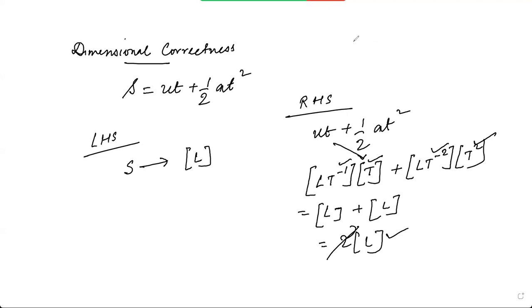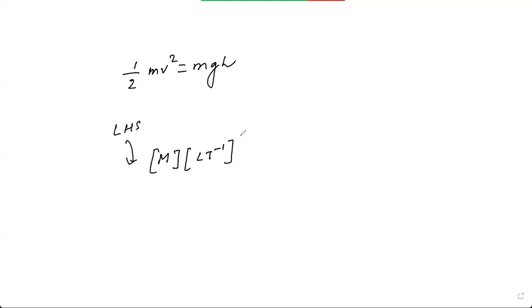Let us check another equation: half mv square equals mgh. In the LHS, half mv square, half is constant, so it will be avoided. Now dimension of m is capital M and v square is (L t to the power -1) square.